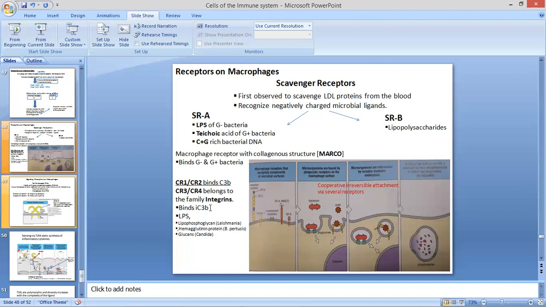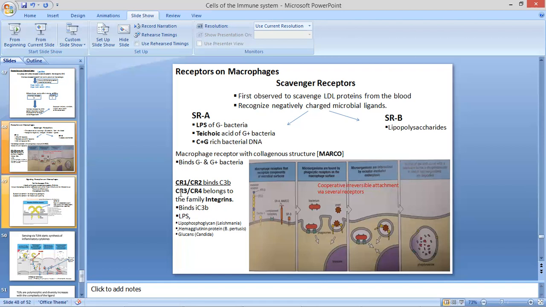CR3 and CR4 are complement receptor 3 and complement receptor 4 for the complement iC3b, which is just a fraction of the bigger C3b fragment. You also have gone through this process of making up the iC3b. So iC3b does not help with opsonization of the pathogens, but it can help in other ways.